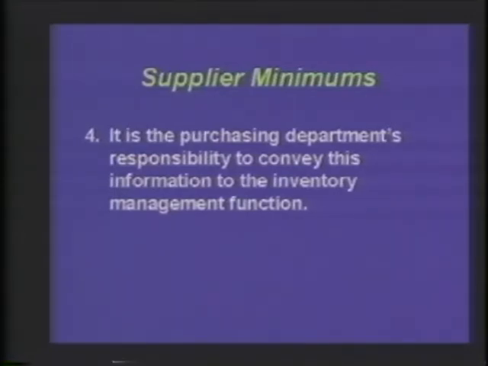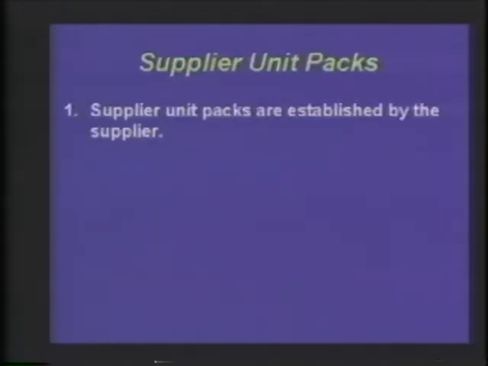Now moving on to the next page on 37, supplier unit packs. We basically have another series of steps to make certain that we're getting the right information into the individual part number item master record. The first step indicates that the supplier establishes the unit pack.